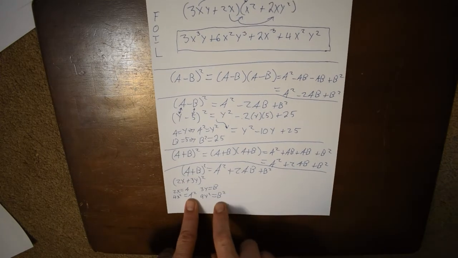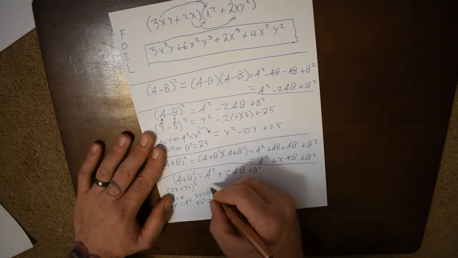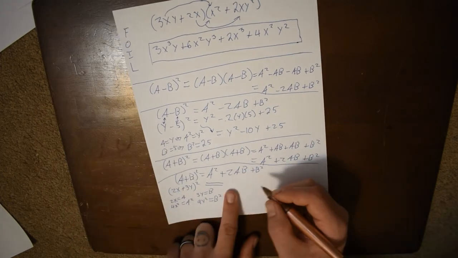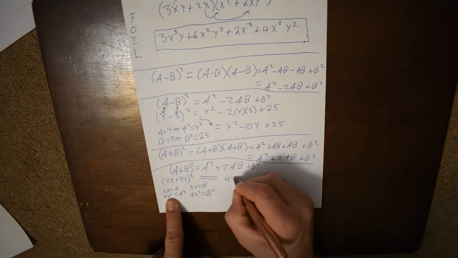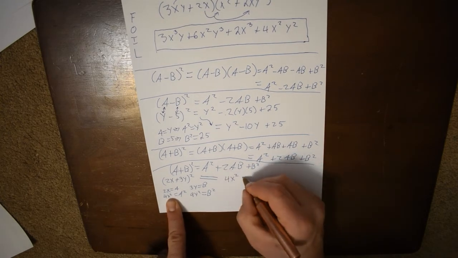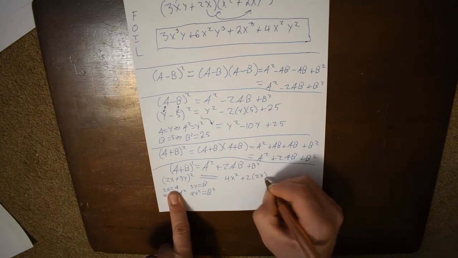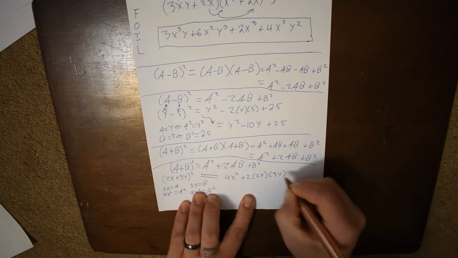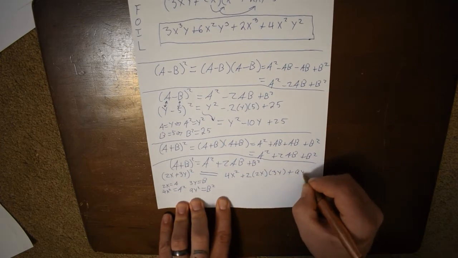Now we have all the pieces that we need to fill out our formula. This would be equal to, and I'm going to draw my equal sign kind of obnoxiously long and start writing over here, a squared, which is 4x squared, plus 2 times a, which is 2x, times b, which is 3y, plus b squared, which is 9y squared.